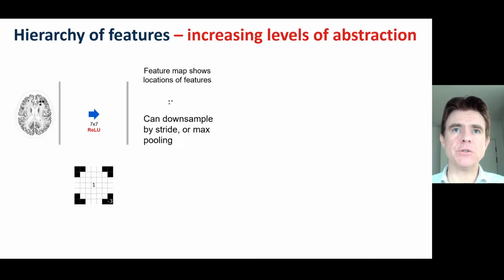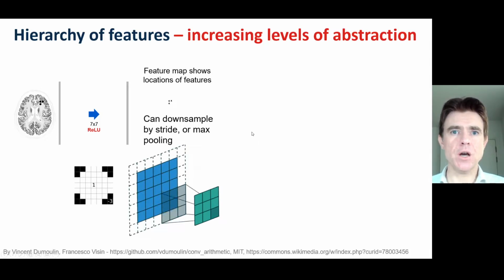Now what we can do next is downsample by a process known as striding or by using max pooling, but the key thing is to downsample. What we can do is downsample in order to get a feature map which can represent collections of those relatively high resolution features.